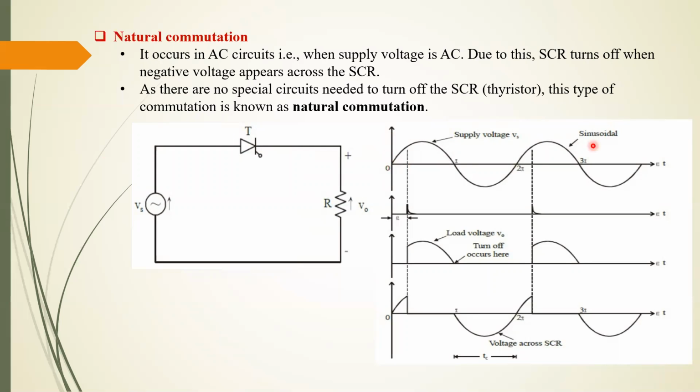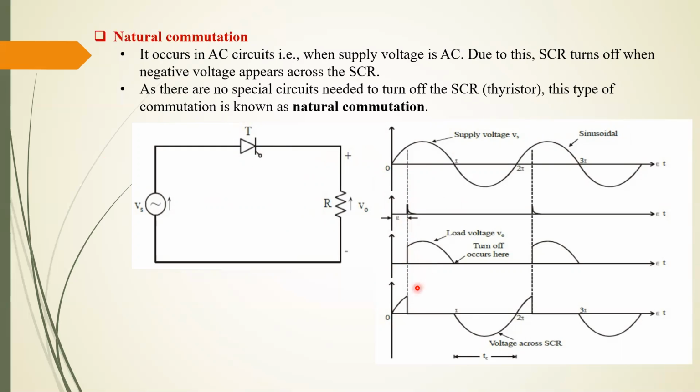Supply is given at 0, but the thyristor is not yet triggered, so the voltage across the thyristor is maximum and the voltage across the load is 0, since the circuit is open.